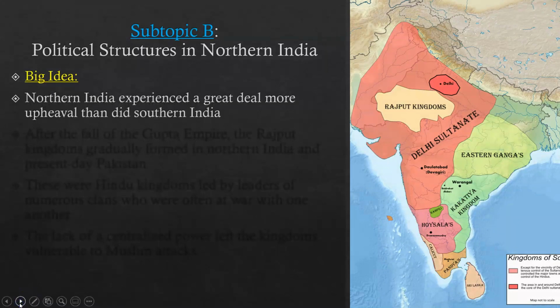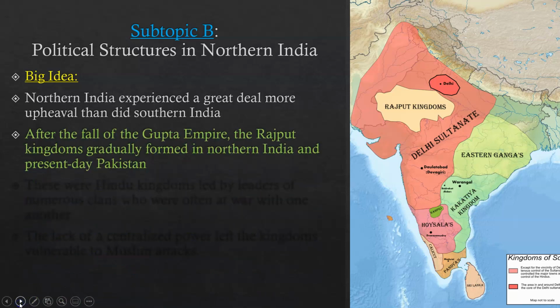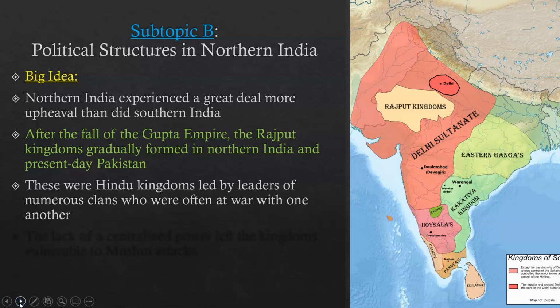Okay, subtopic B, political structures in northern India. Northern India experienced a great deal more upheaval than did southern India. Okay, that's a big idea to take with you. After the fall of the Gupta Empire, the Rajput Kingdoms gradually formed in northern India and present-day Pakistan.